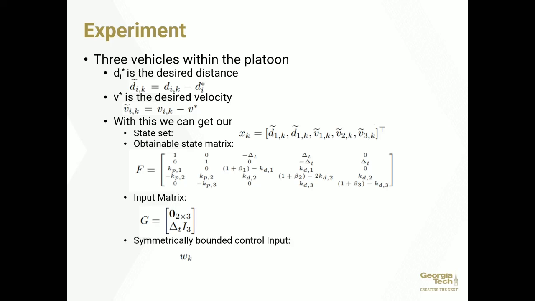We can also obtain our state matrix, which fits within our LTI equation that we went over at the beginning of this presentation. We can also get our G matrix, which is our input matrix, and lastly our symmetrically bounded control input, both also gone over at the beginning of this presentation.